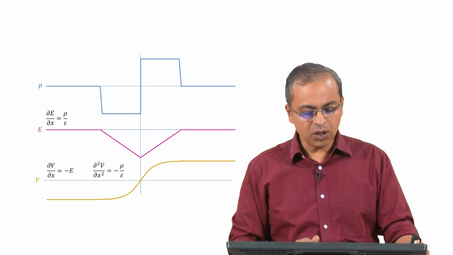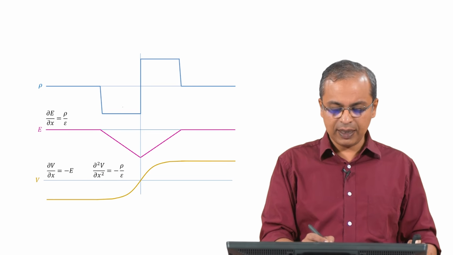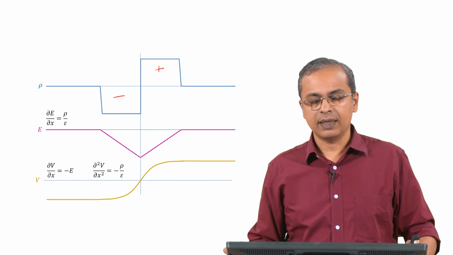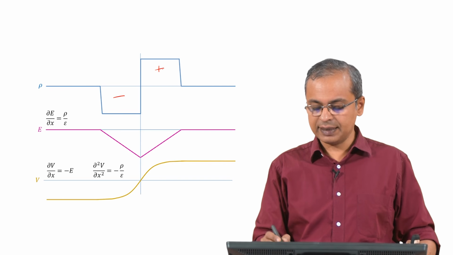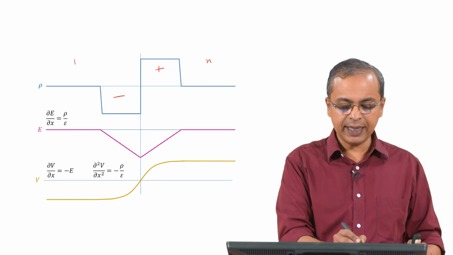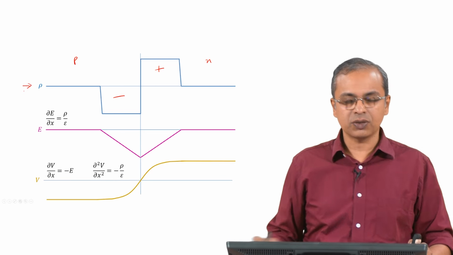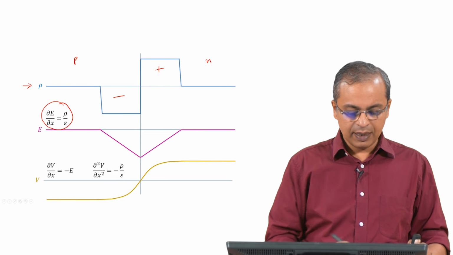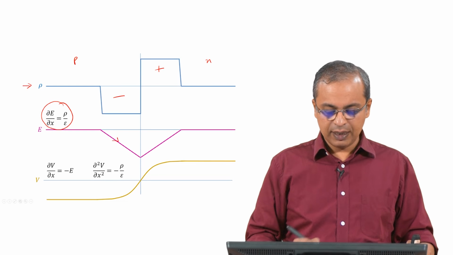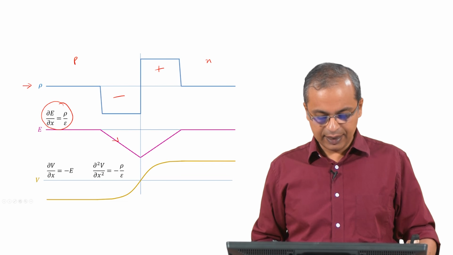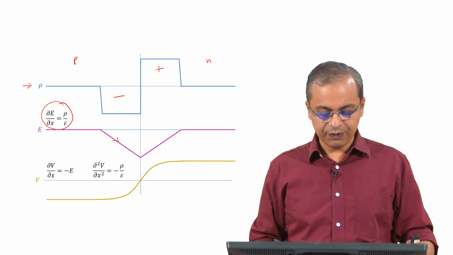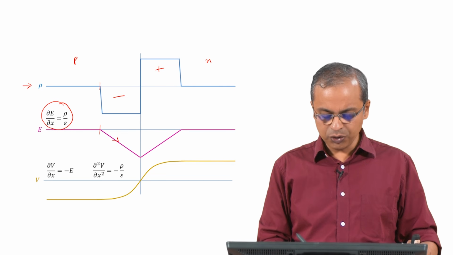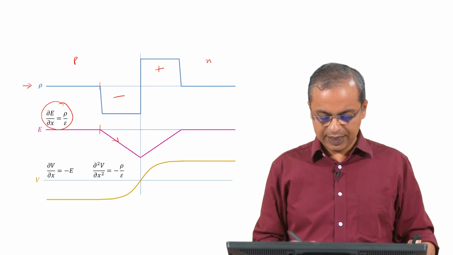So, as we saw, because of the space charge region, you will get this negative charge here, and this positive charge on the N side of the sample. This is the P side. As we said, this is charge neutral here. So, charge neutral, then negative and positive, and because of this relationship we find that E has a linearly decreasing characteristic from where this region begins and goes to a fairly low value here.